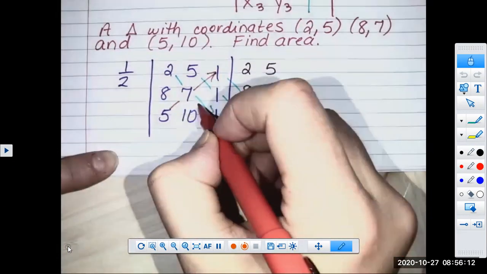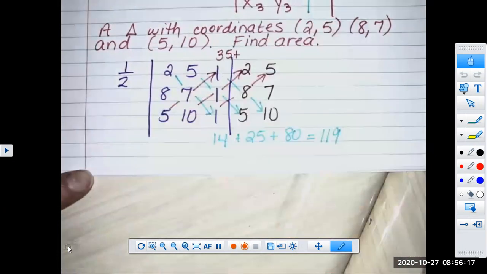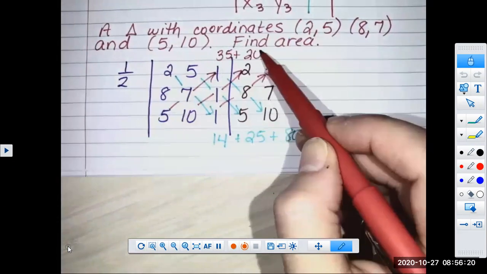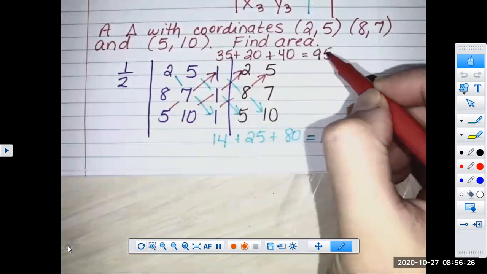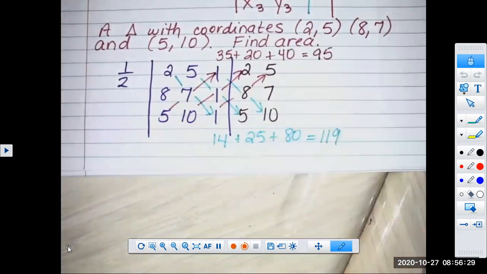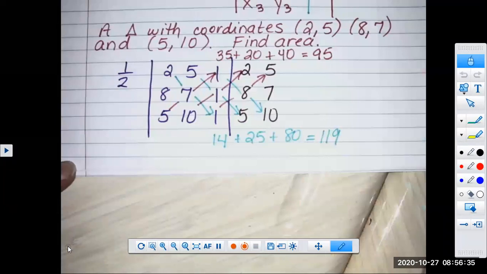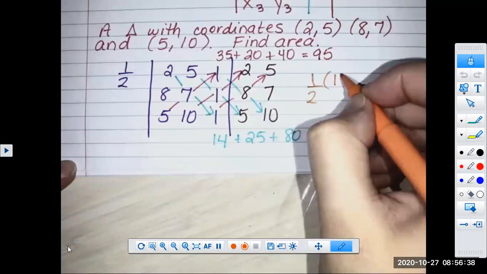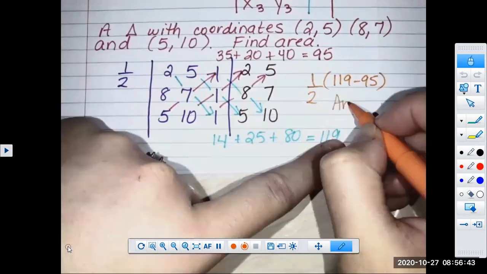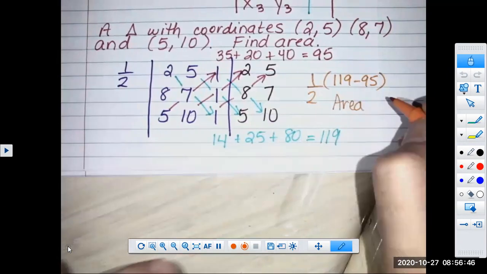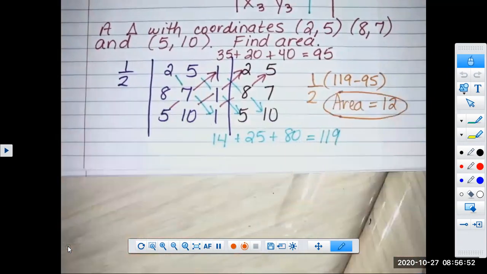And then multiply in the other direction. And then subtract and take half. So you'll have half of 119 minus 95. So what is your area? You should get 12. 12 units squared.